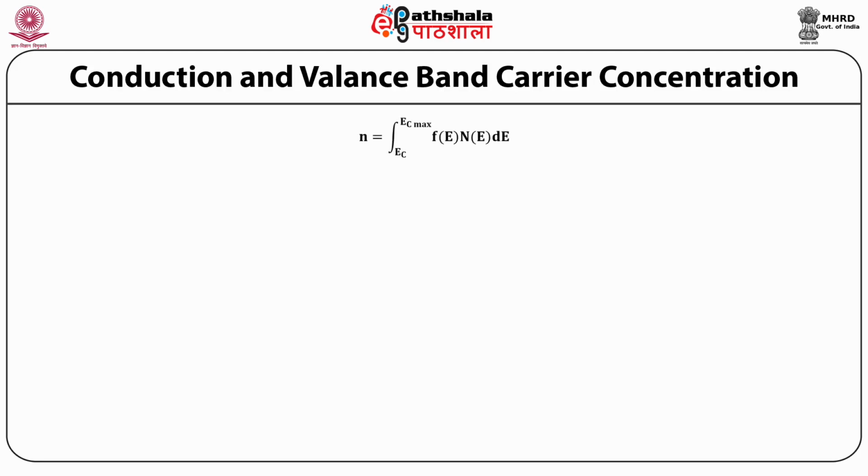n is the electron density, which is nothing but the total number of electrons in the conduction band per unit volume of the crystal, given by the integral from Ec to Ec max of F(E) multiplied by N(E) dE, where Ec is many times kT larger than EF.